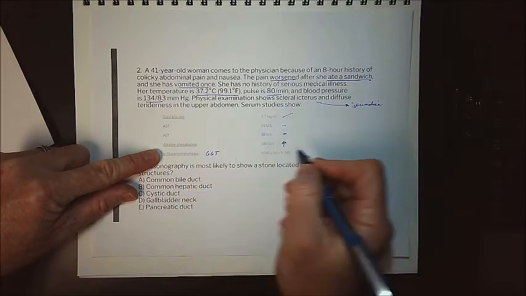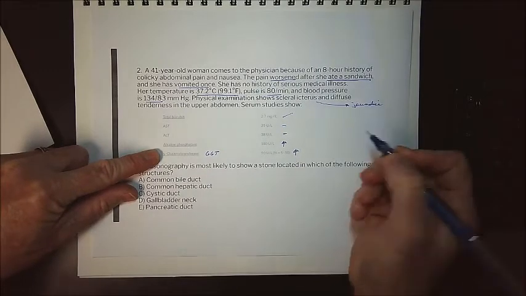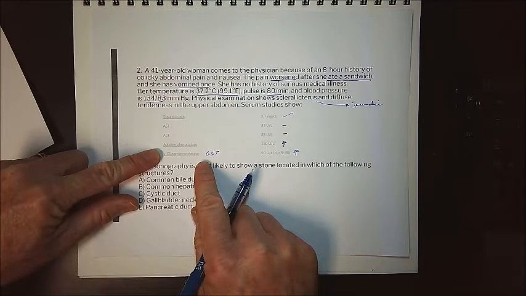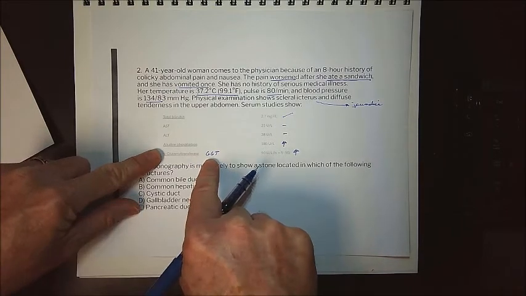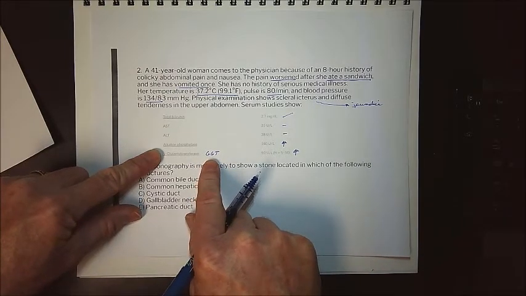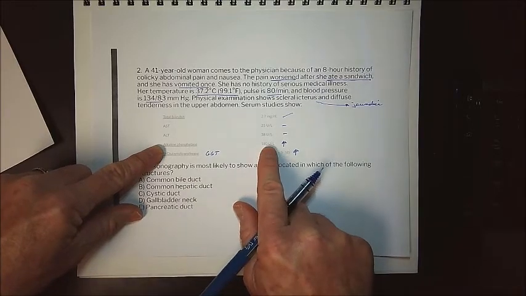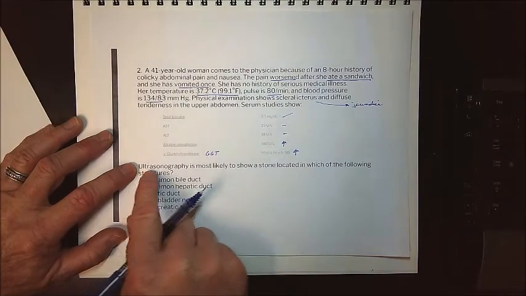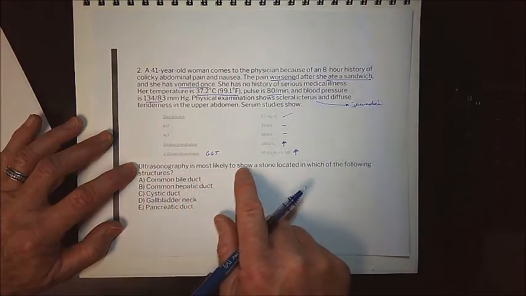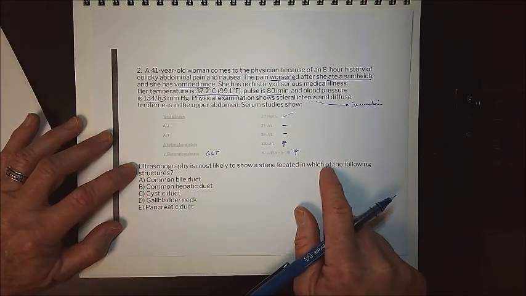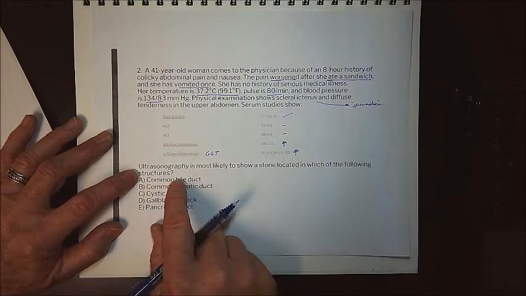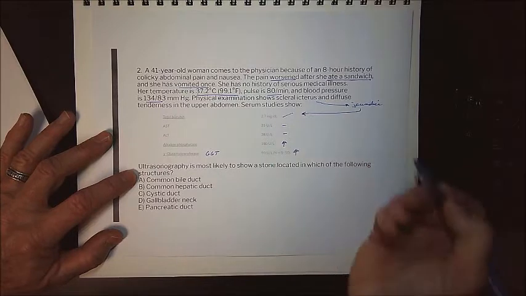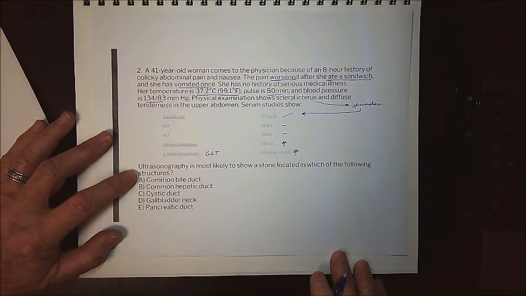Okay, GGT is another enzyme that is involved in cell surface protein and amino acid activity, but this is another important liver marker. So high alk Phos, high GGT. Ultrasonography is most likely to show a stone located in which of the following structures? Okay, so now we have jaundice from the elevated bilirubin concentration here.